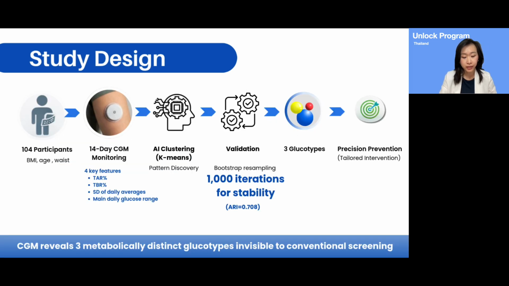We conducted a cross-sectional study between October 2025 and January 2026. The study included 104 Thai adults with central obesity based on the International Diabetes Federation Asian criteria.